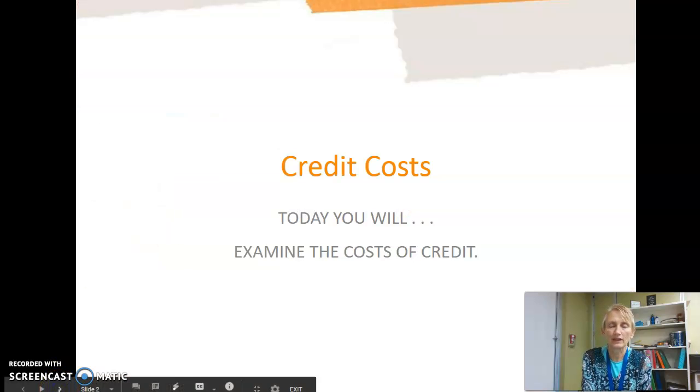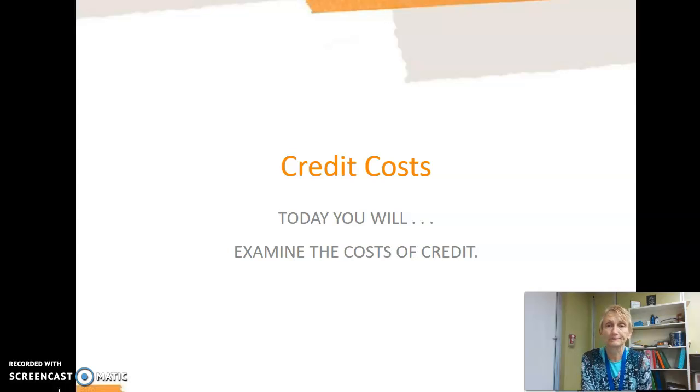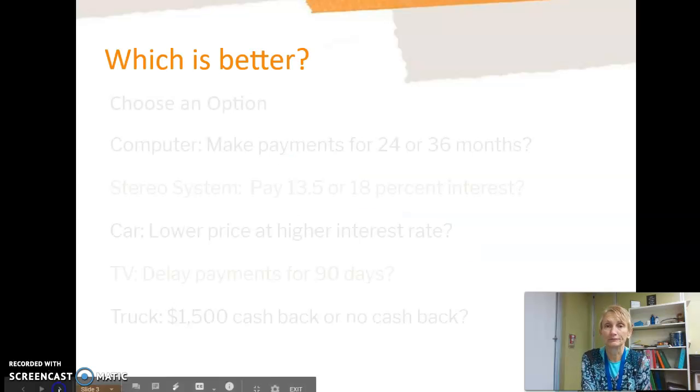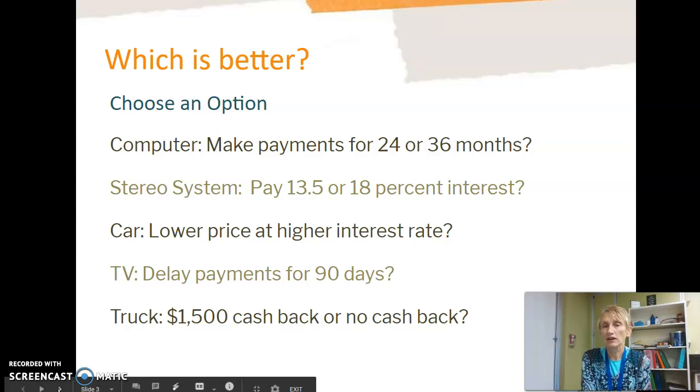All right, so we're going to start talking about the actual cost of credit. We know that credit means we're using someone else's money for something now and paying later. So you have different options that might come up. You're buying a computer, you could make payments for 24 months or 36 months.